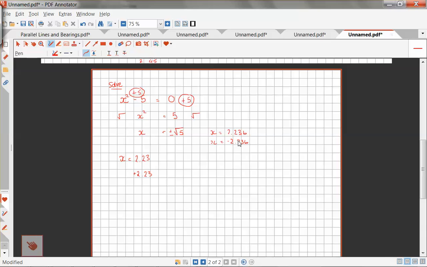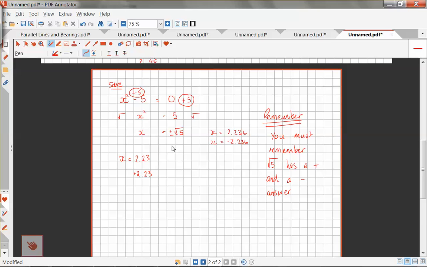But here's the important thing to remember: root something, root 5 for instance, has a positive and a negative answer.